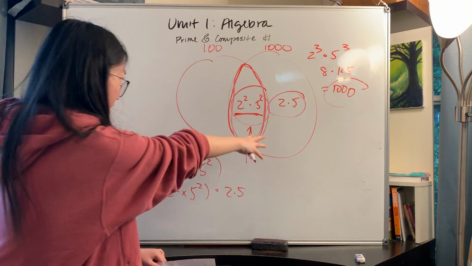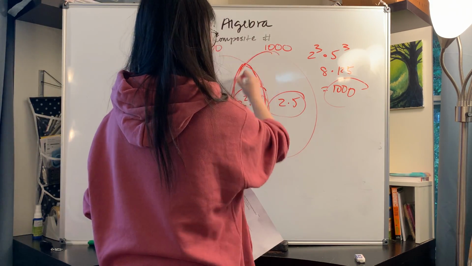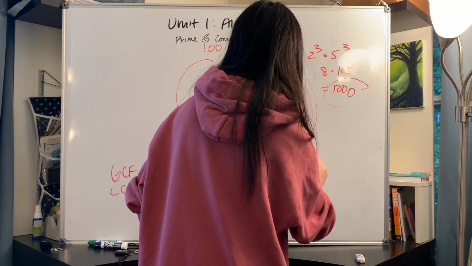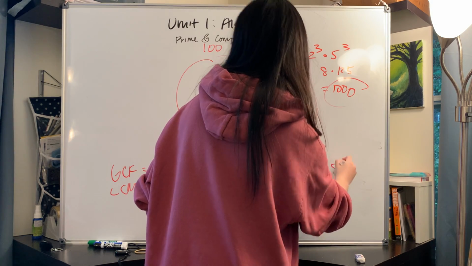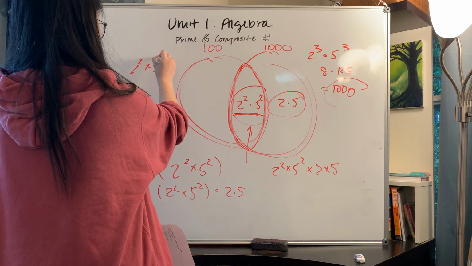Because 1,000 is equal to this whole thing right here, so 1,000 is equal to 2 squared times 5 squared times 2 times 5. And 100 is equal to this part, or 2 squared times 5 squared.